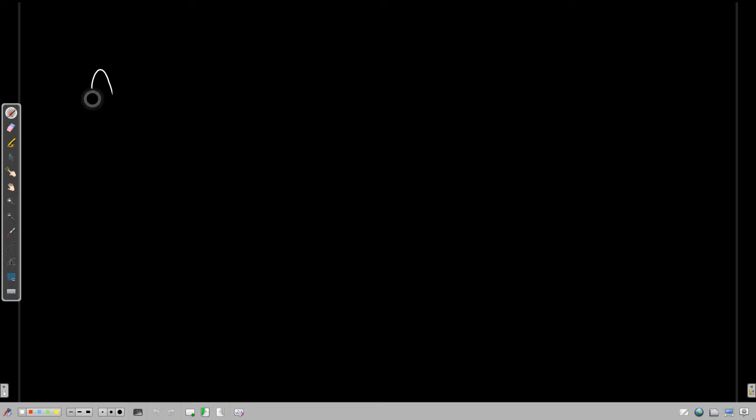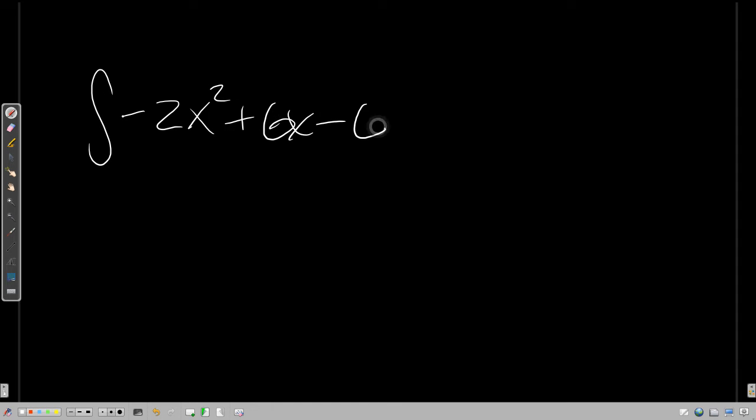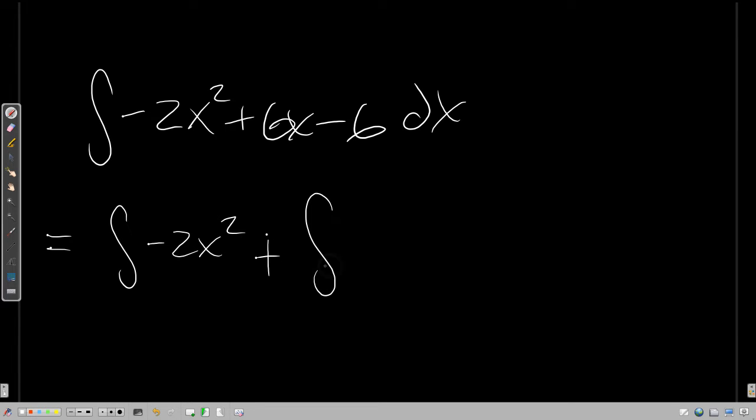The integral in question is minus 2x squared plus 6x minus 6. So you can integrate term by term. And I'm breaking protocol here and not writing my dx, and I really should.